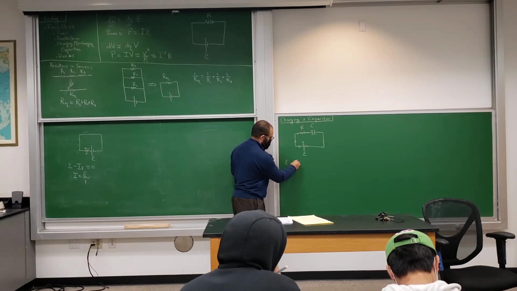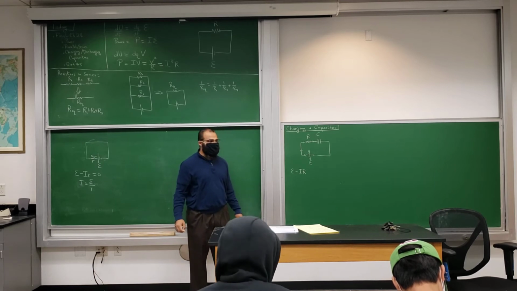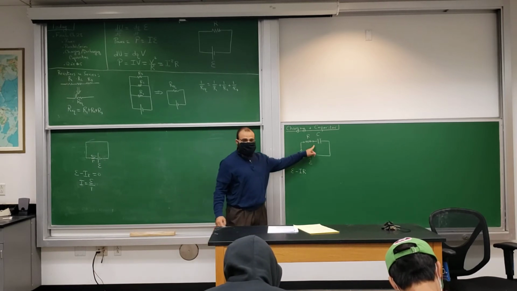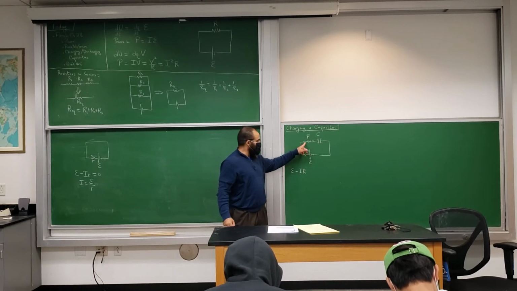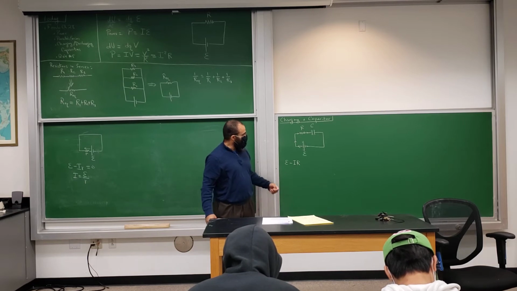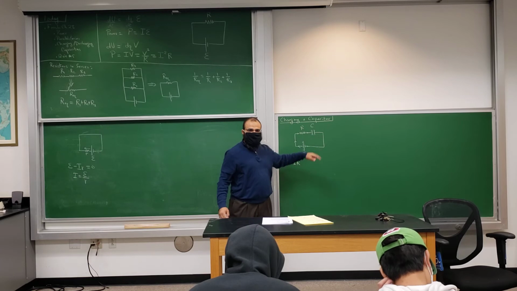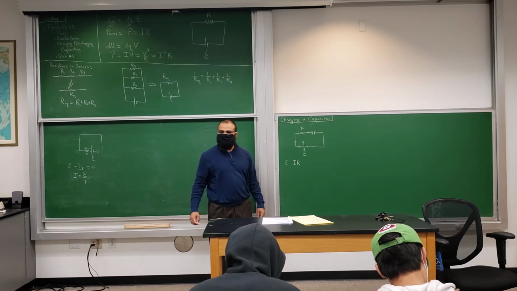Is everybody clear on this one? That you decrease by an IR, right? The voltage drops across the resistor because current flows from high potential to lower potential. So you decrease. Next, when you go from the positive end of the capacitor to the other end, what's the change in voltage? Is it plus or minus?